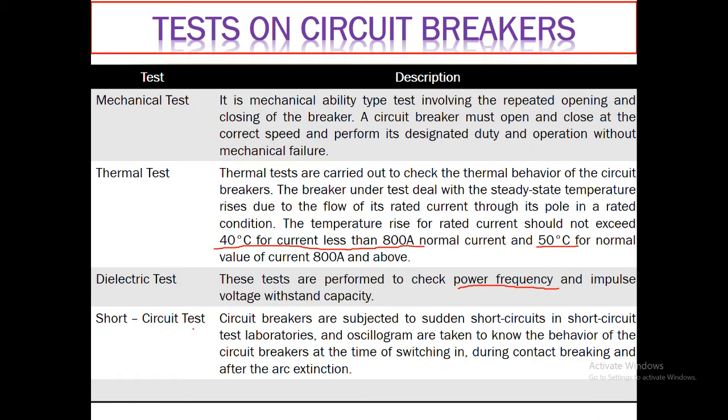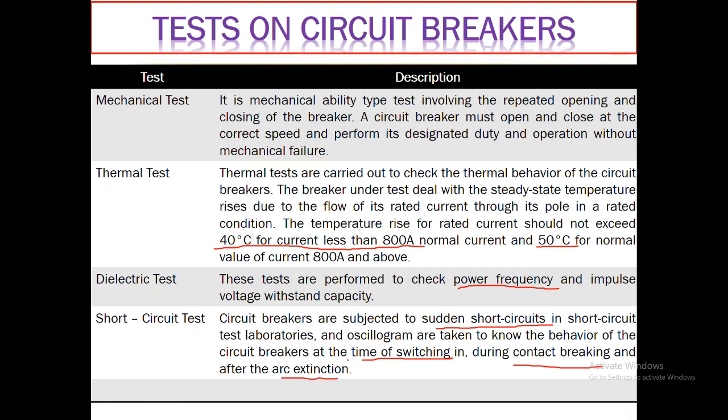The other is the short circuit test. Circuit breakers during this test are subjected to a sudden short circuit in short circuit laboratories, and oscilloscopes are generally connected to capture signatures to know the behavior of the circuit breakers at the time of switching in, during the contact breaking, and after the arc extinction.